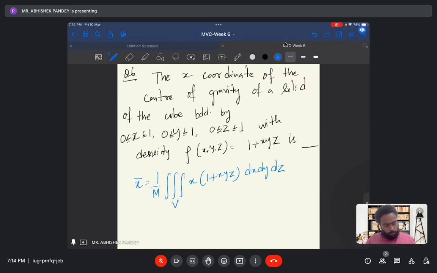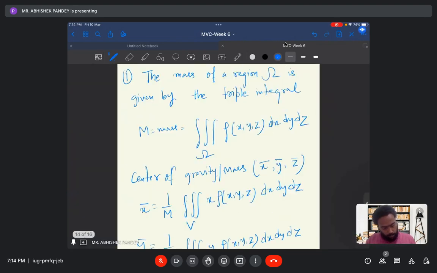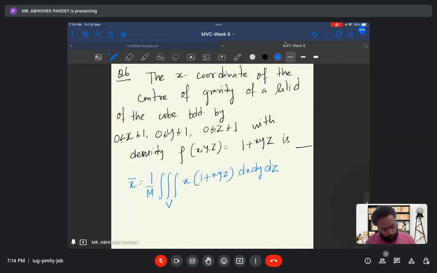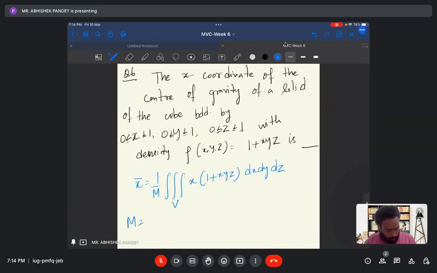But for that we need to find the mass, and the mass is the triple integral of rho of x y z dx dy dz. So how to get this one?